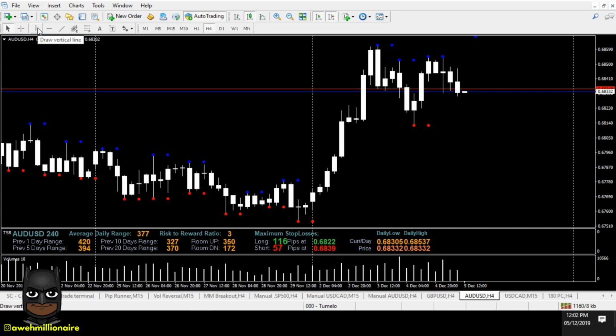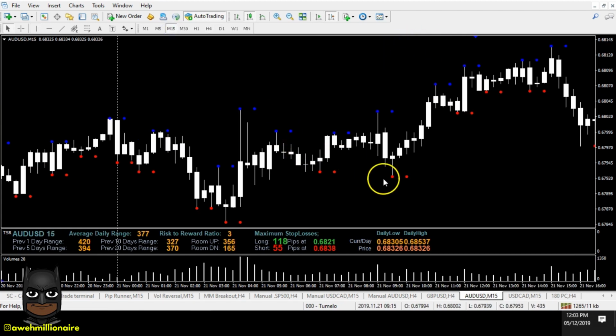Step number one is to identify the supply and demand levels. You can see where the smart money is trading at. For this specific trade, I'm just going to focus on the supply level, because that's exactly what set up the trade. So we identify the supply level, boom, as always.